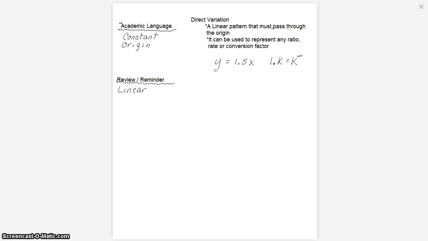Okay, and that k stands for, oops, look what I did. I wrote this as a k where it should be a 5. 1.5 equals k. K is that constant, okay? And k stands for, it's called the constant of variation. Okay, so under, as a reminder, constant of variation.